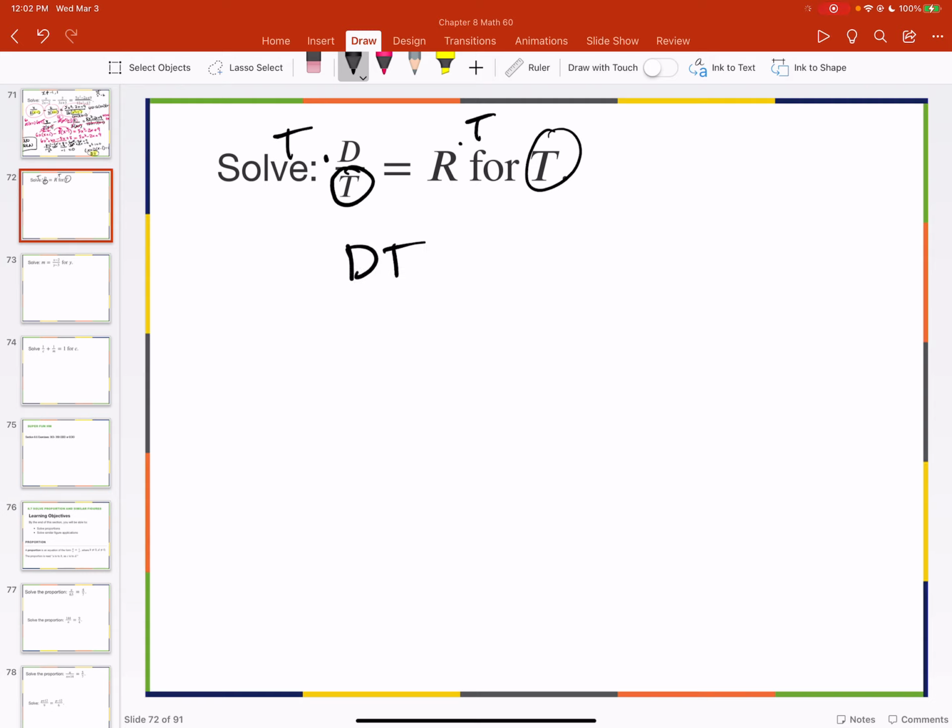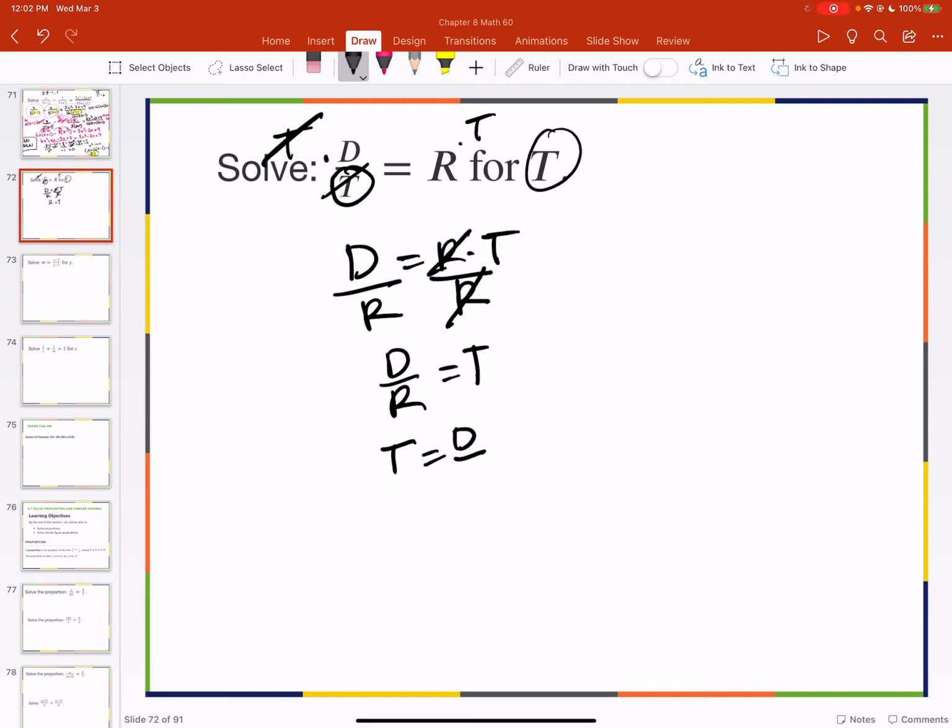So you get just d, because the t's cancel out, is equal to r times t. Then we want to solve for t, so divide both sides by r. We're treating the variables as if they were numbers, and we're fine. So t is equal to d over r. That's probably best.